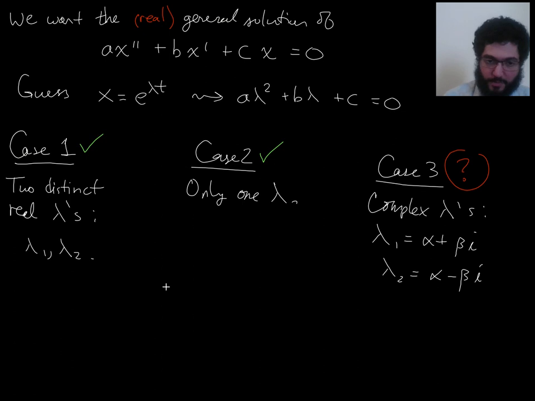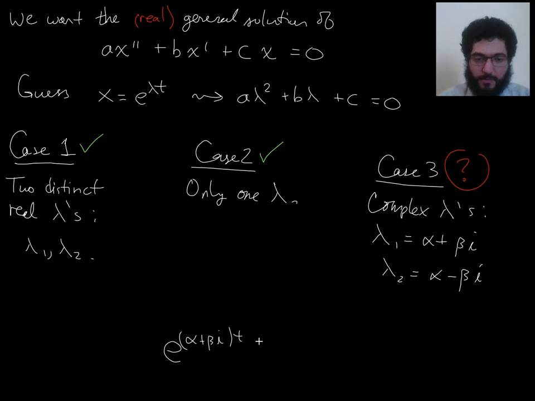But no matter what, even in the complex case, even if lambda 1 is actually alpha plus beta i, it's still true that e to the lambda 1 t is a solution. It's just we want the general solution. That's one thing we want. And we also want a real solution.